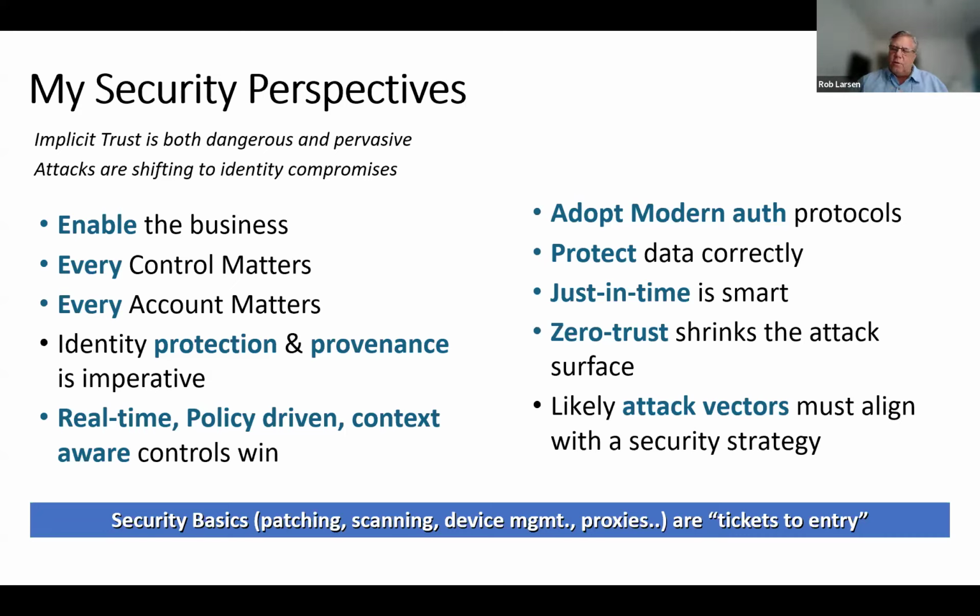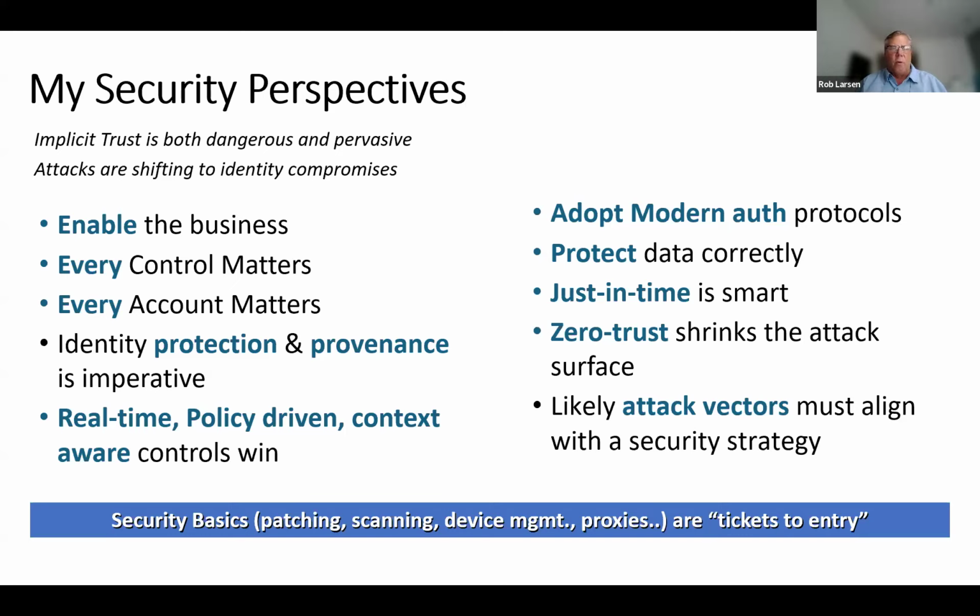I've built my security perspectives here. I really believe that security should enable the business. We should be the folks they come to, and we can help them figure out how to do whatever business activity they choose, but do it securely. I think every security control matters, and every account matters, and specifically in the identity protection and provenance space, that's imperative.